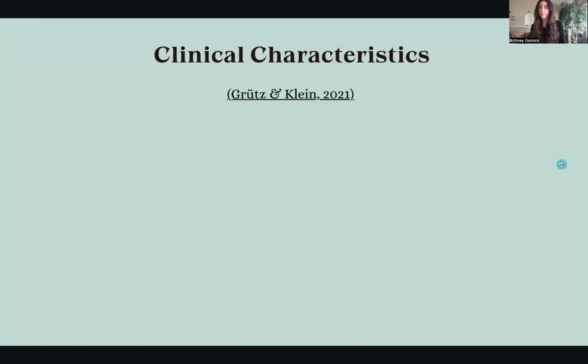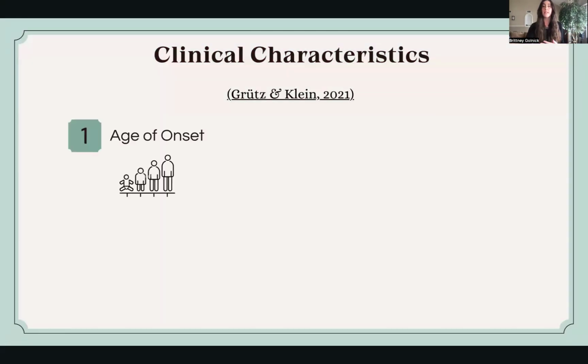So Grutz and Klein came up with what they called the clinical characteristics. This is axis 1 of the clinical characteristics, because dystonia can manifest in many different types. They needed an idea of how to diagnose and treat dystonia because there are so many different patterns and variability in individuals.